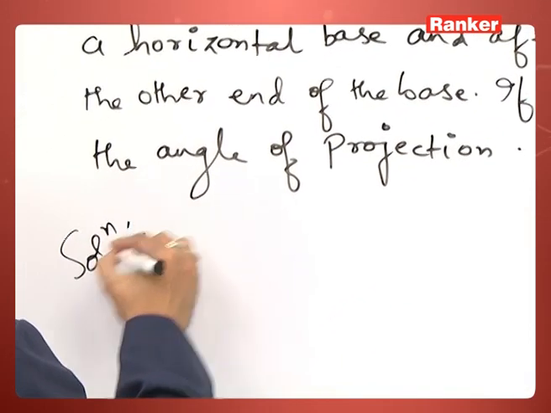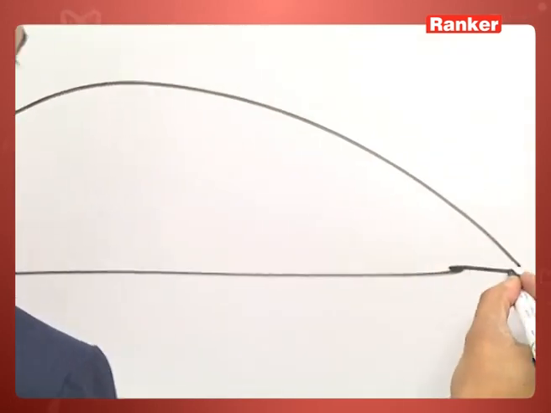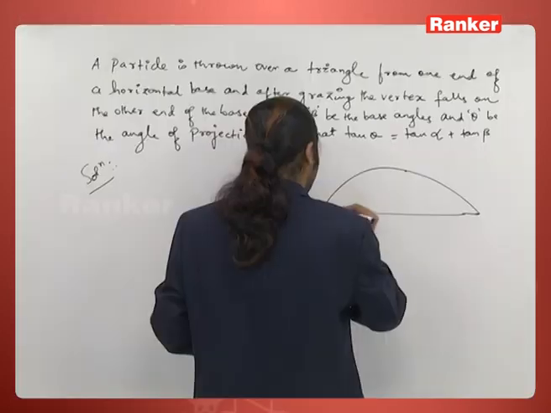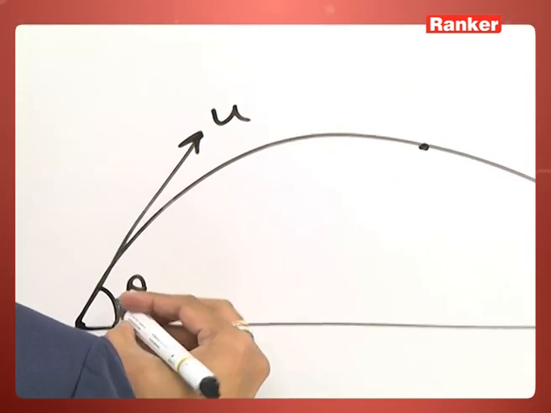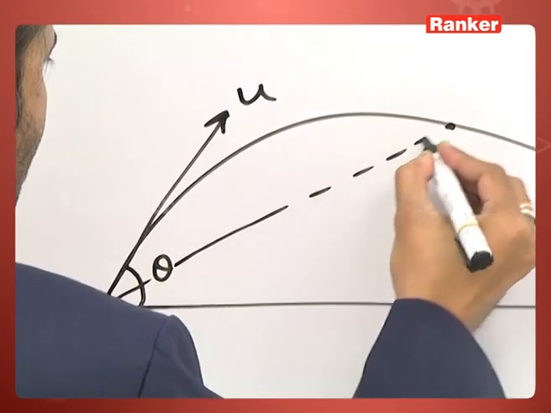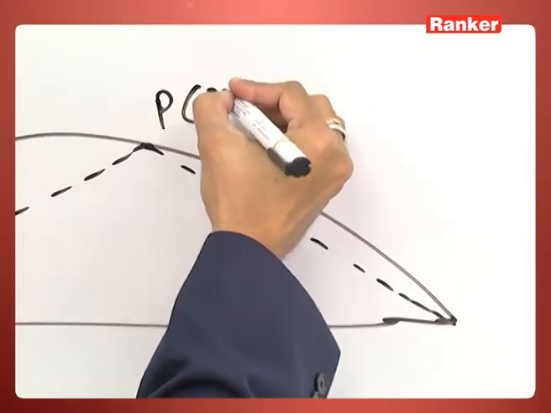So we'll have, like here, this is a projectile. I take any point here. This is projection, theta. Let this point be x and y.